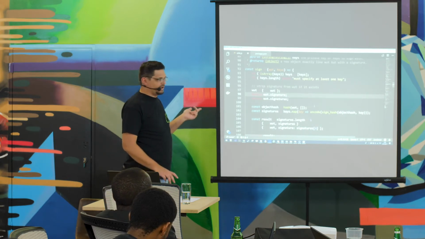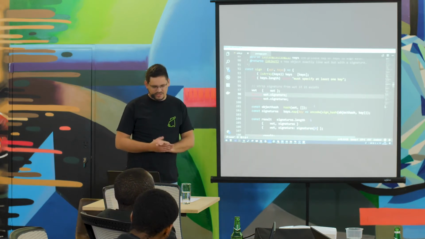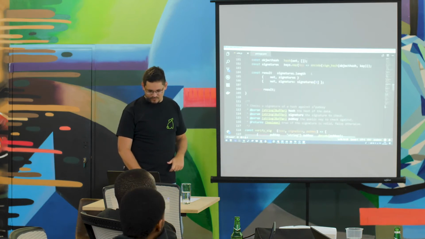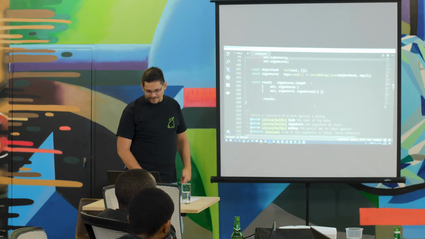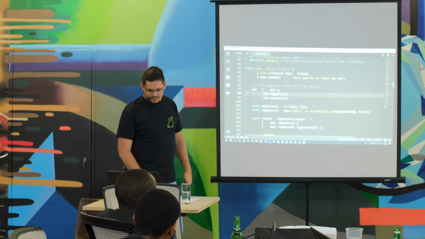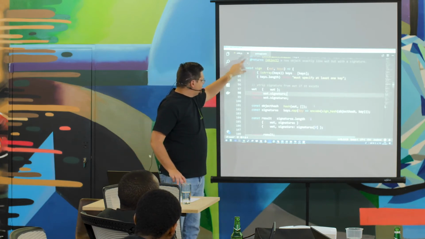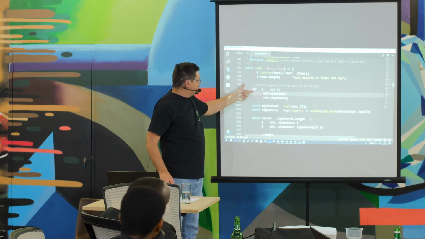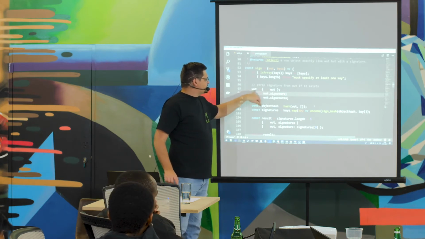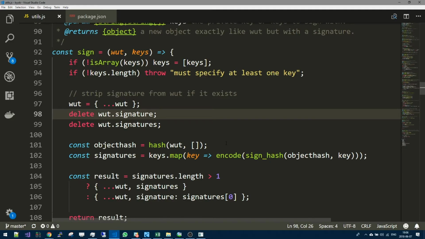Now, we're not going to create any transaction with multiple keys, but it works. We know it works because there are unit tests. And so we'll see all that this does is it does some checks. It clones the object and strips the signature out. It deletes signature or signatures.